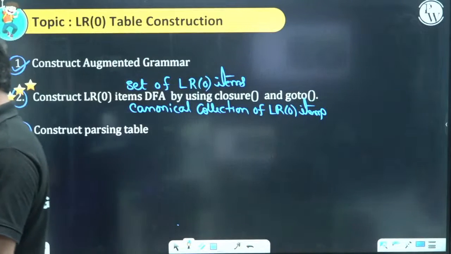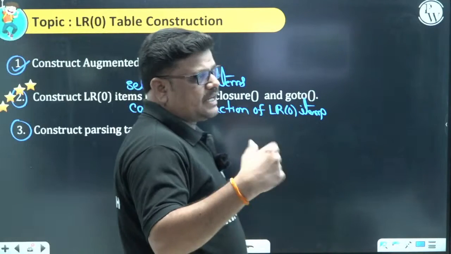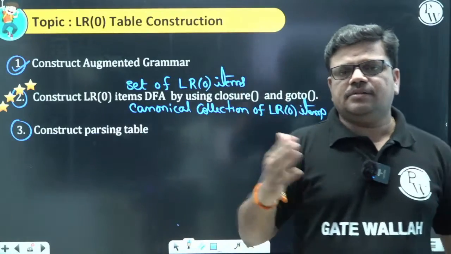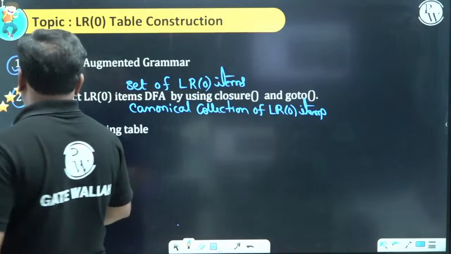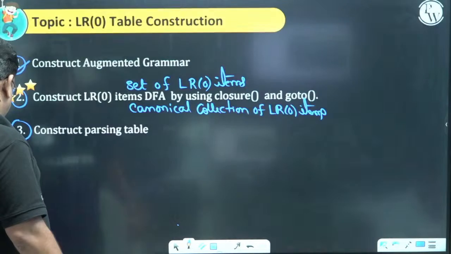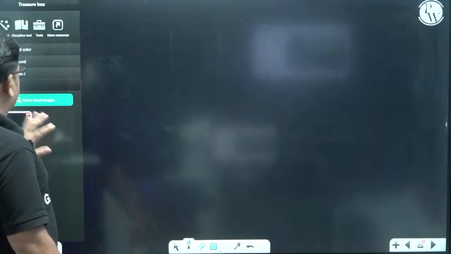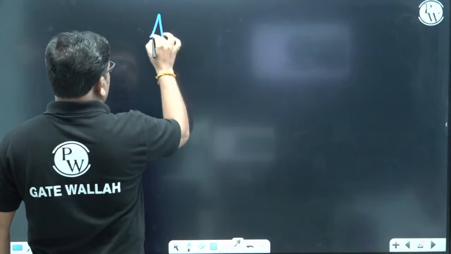Normally, the given grammar is converted into the parsing table. So first, what is the augmented grammar? We'll focus on the first one here. Here we have to see what is the meaning of augmented grammar.